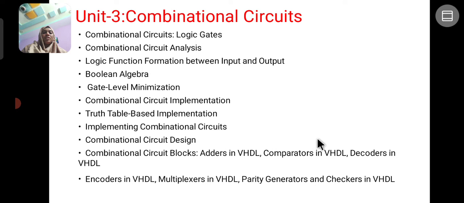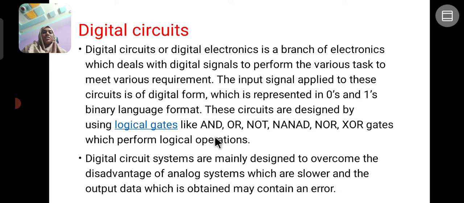In this video lecture, I will explain what is a digital circuit and logic gates. Digital circuits are mainly circuits which consist of digits, right? Digital circuits or digital electronics is a branch of electronics which deals with digital signals to perform various tasks to meet various requirements.